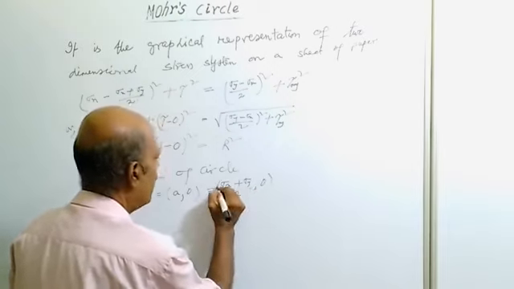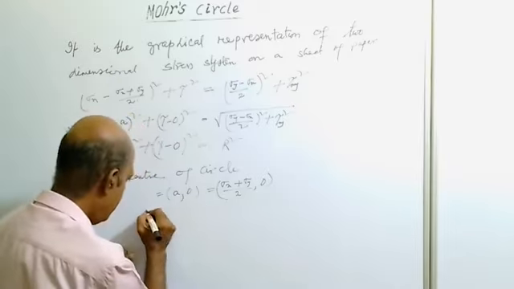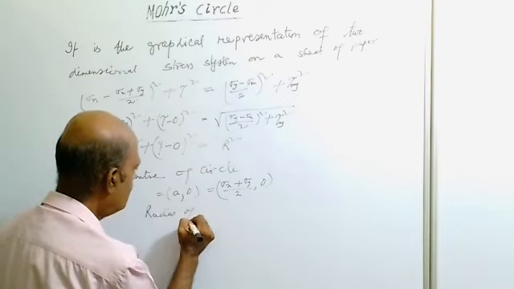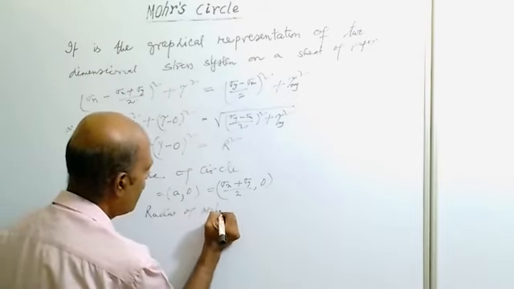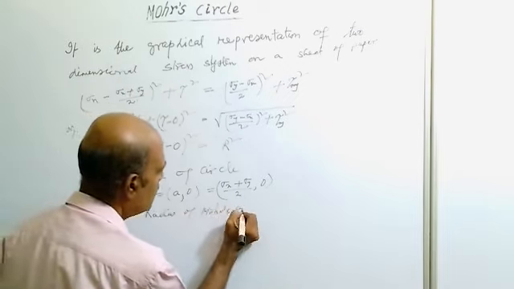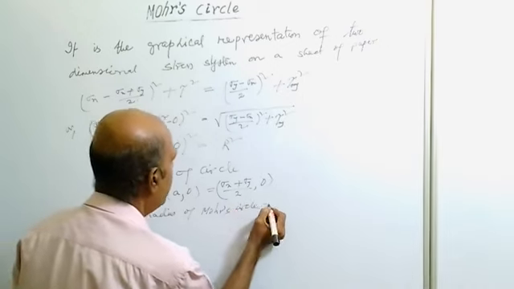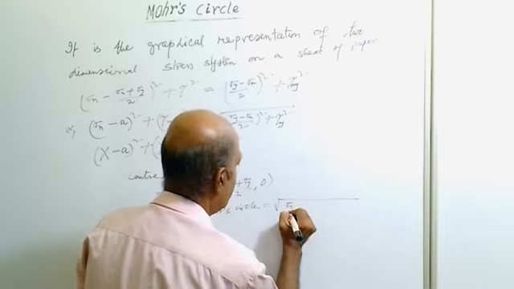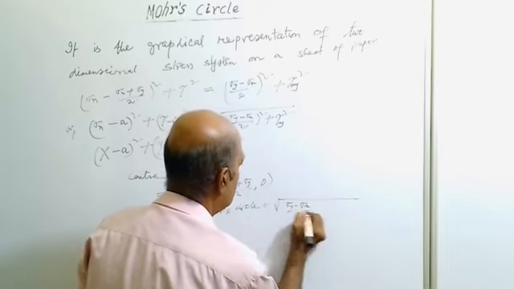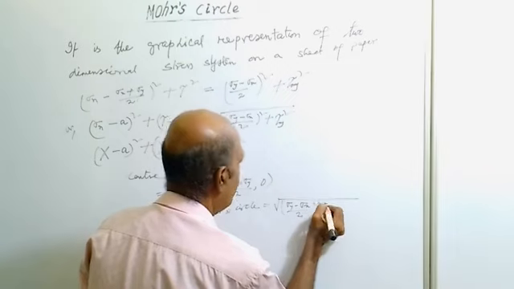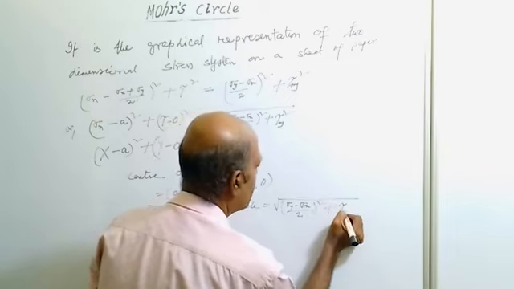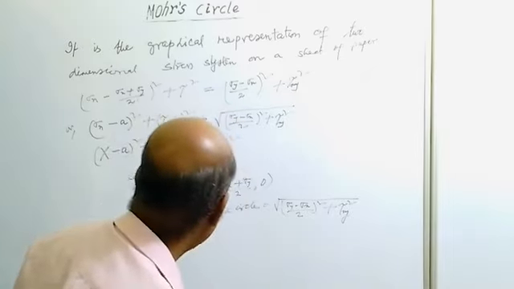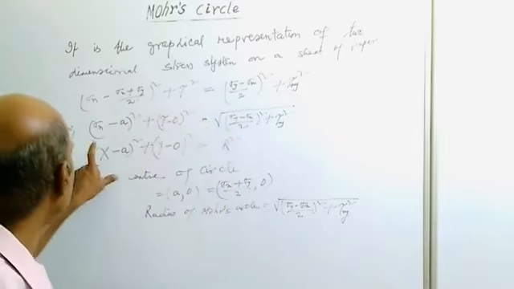This is the center of Mohr circle, and the radius of Mohr circle is given by the square root of ((sigma y minus sigma x)/2) whole square plus tau xy whole square. So this is the equation of a circle.